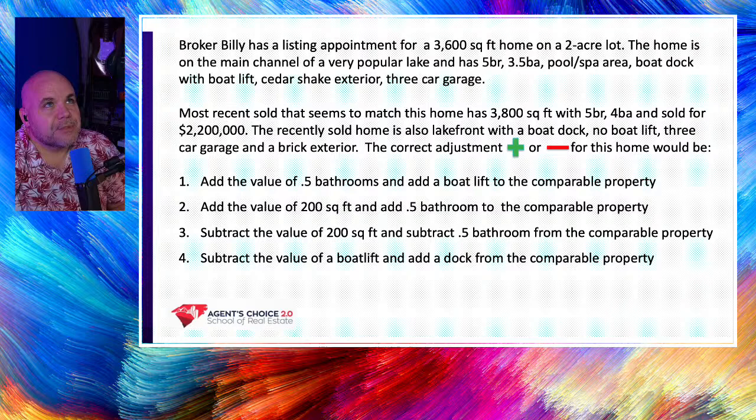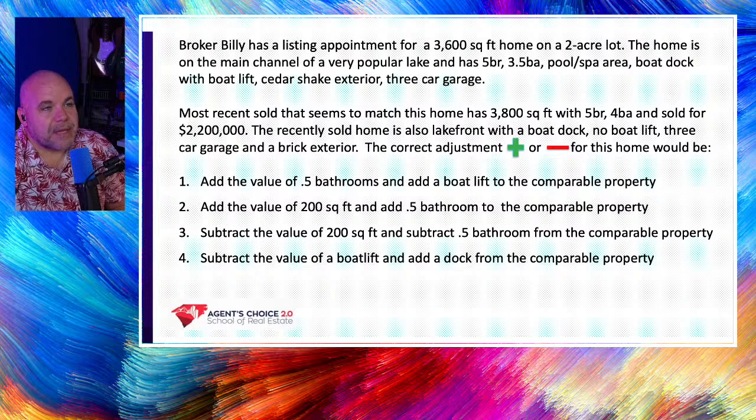Okay, so 5 bedrooms, same. Bathrooms are different. Superior baths. Sold for $2.2 million. The recently sold home is also lakefront. So same thing. Boat dock, but no boat lift. 3-car garage and brick exterior instead of cedar shake. The correct adjustment, adding or subtracting for this home would be what?